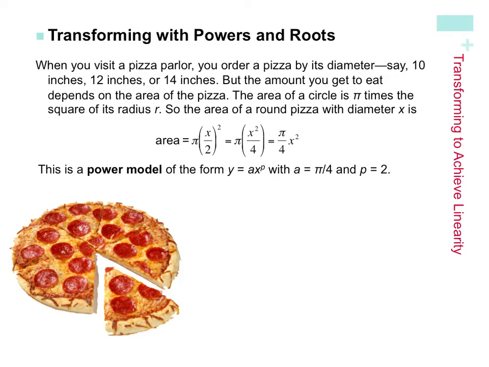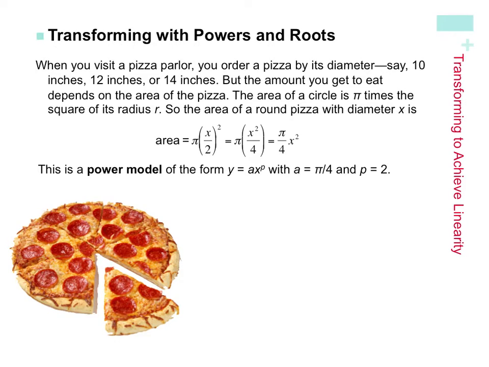When you visit a pizza parlor, you order a pizza by its diameter, say 10 inches, 12 inches, or 14 inches. But the amount you get to eat depends on the area of the pizza. The area of a circle is pi times the square of its radius. So the area of a round pizza with diameter x is a power model of the form y equals ax to the p, with a being pi over 4 and p being 2.